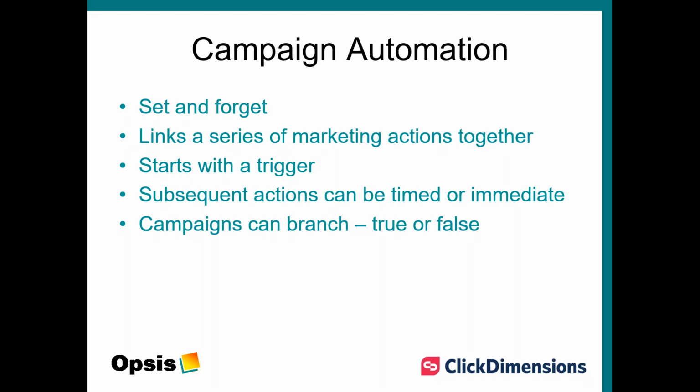It's up to you. Another example of a branch is you might look at the age of a contact. And if they're above a certain age, you send them email 1. And if they're below that age, they get sent email 2.